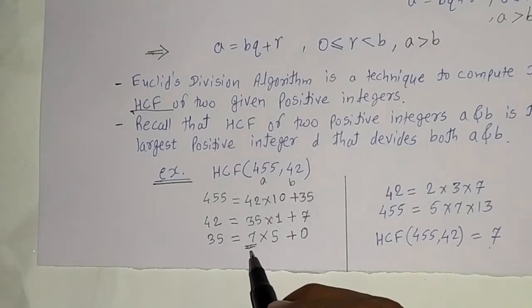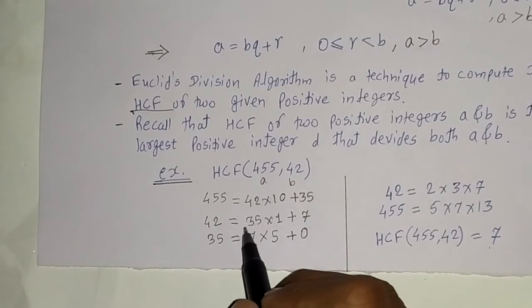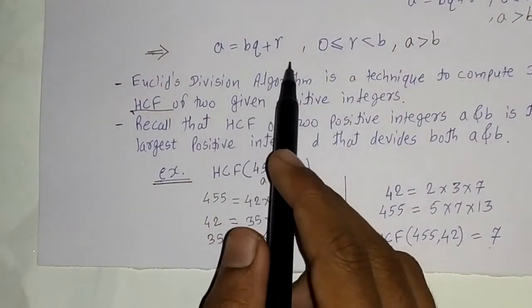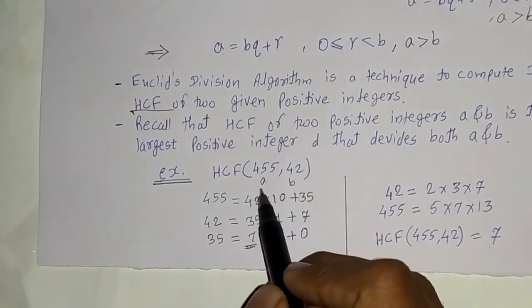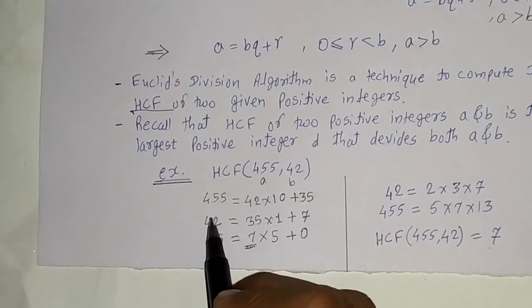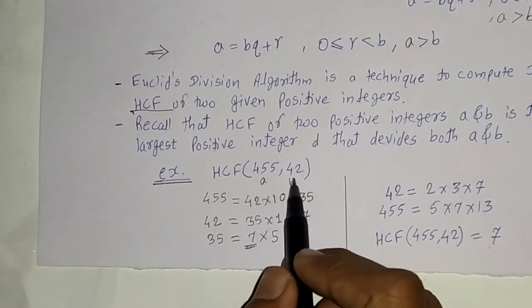So let us once again see how we have applied the theorem. A equal to BQ plus R. So what will be the A? A should be greater than B. So here 455 is greater than 42.